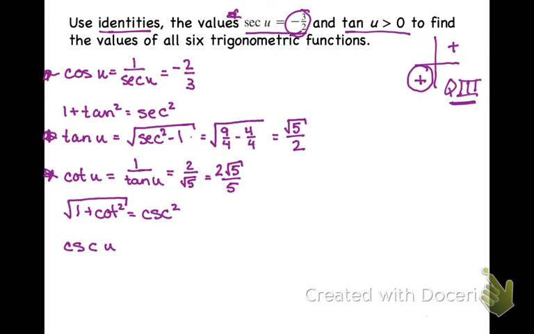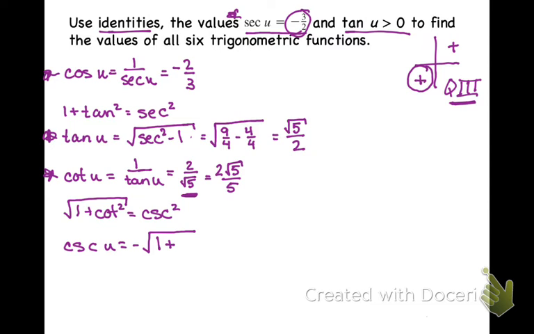Because it's the y, right? So it's going to be negative. We already have it up here, 1 plus cotangent squared. So 1 plus, and you have to square your cotangent. I would suggest going back to this one, just because it's easier.